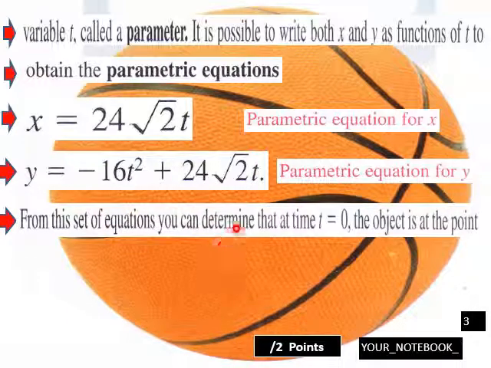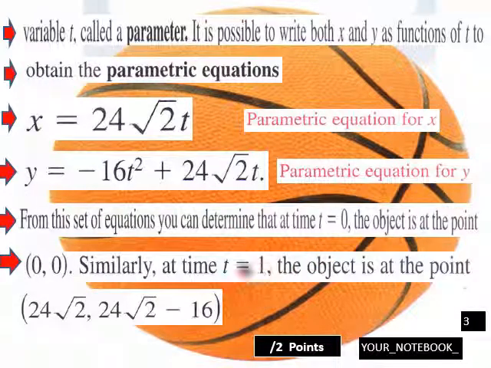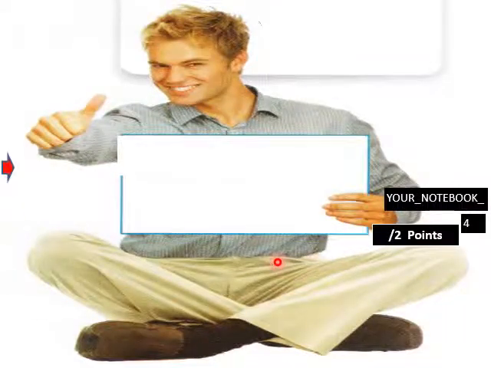From this set of equations, you can determine that at time t equals 0, the object is at the point (0, 0). Similarly, at time t equals 1, the object is at the point (24 radical 2, 24 radical 2 minus 16). So things change with time as time moves along this function.